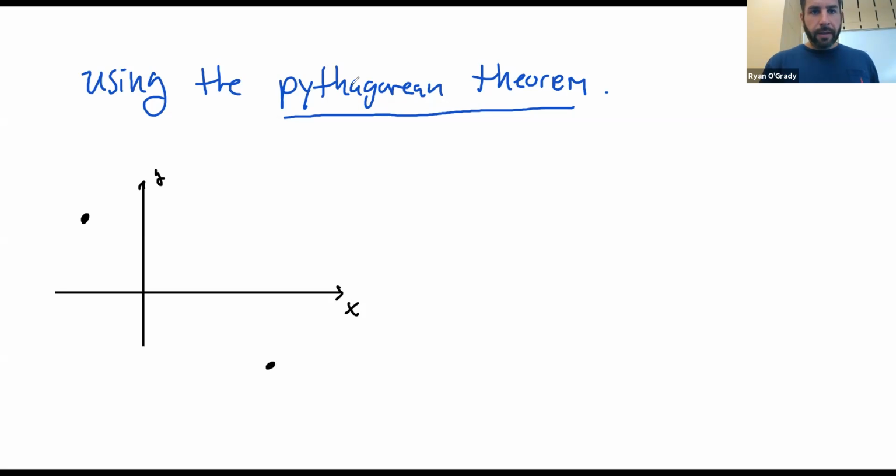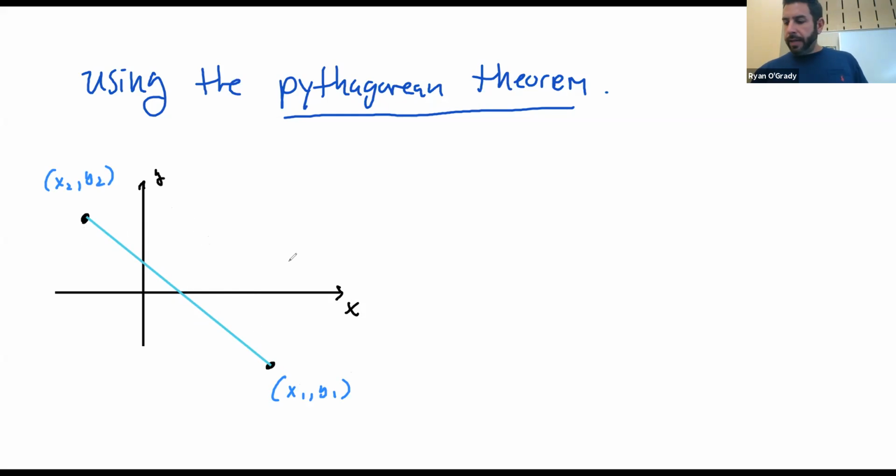And so let's connect them with a line segment. I want a different color. Remember, we have to give names to these points. So perhaps we'll call this point down here x sub 1 comma y sub 1, and we might call this point x sub 2 comma y sub 2.